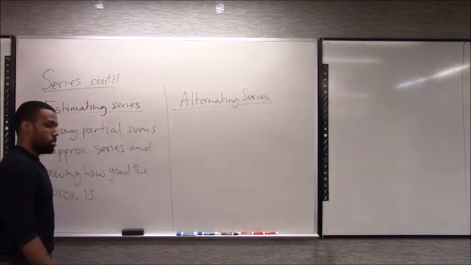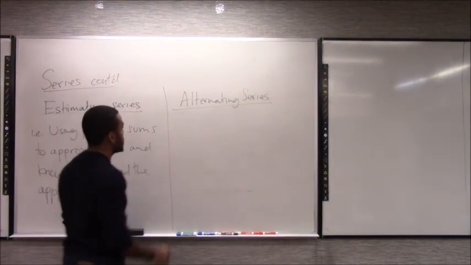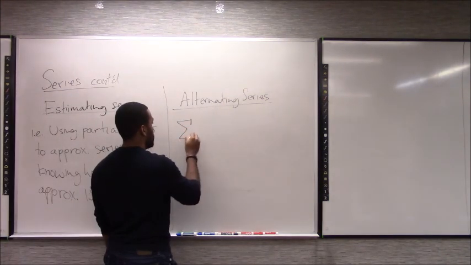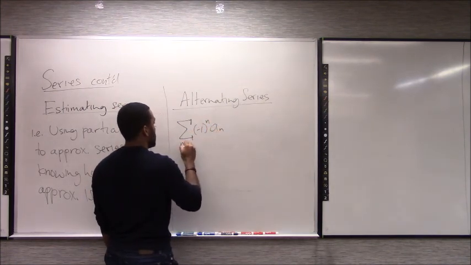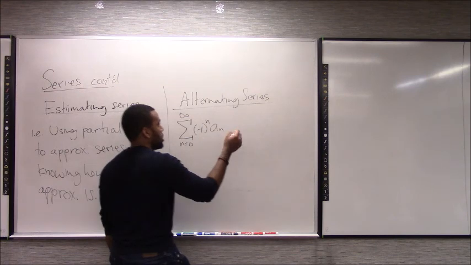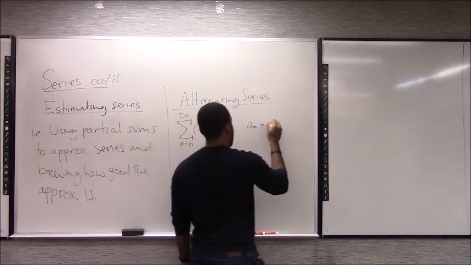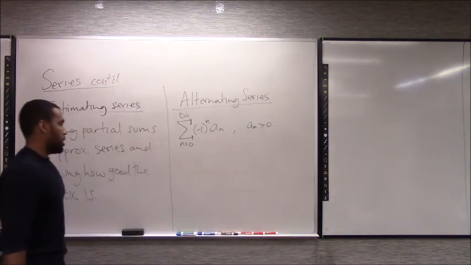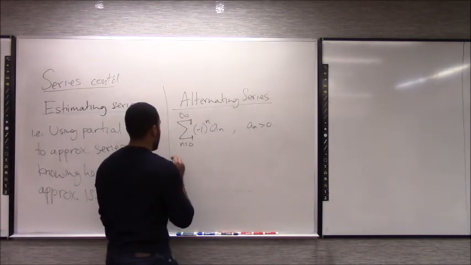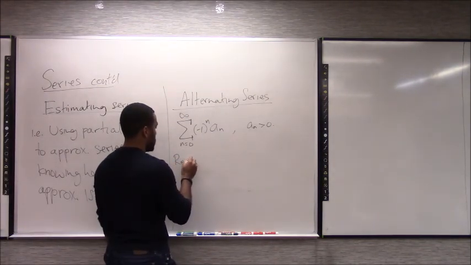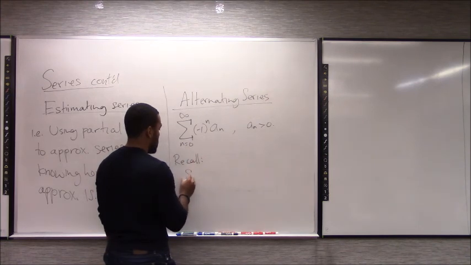Okay, so let's suppose we have some alternating series. So we have the series sum of (-1)^n a_n, going from 0 to infinity. Your a_n are positive, so that you have alternating signs. Then recall our S_n.